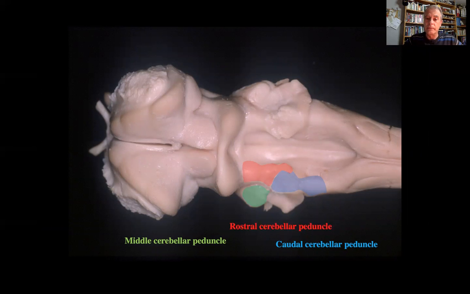And we have the rostral cerebellar peduncle here that connects the cerebellum to the mesencephalon. In green, I have marked the middle cerebellar peduncle that connects the cerebellum to the pons. And finally, in blue, the caudal cerebellar peduncle that connects the cerebellum to the medulla oblongata.